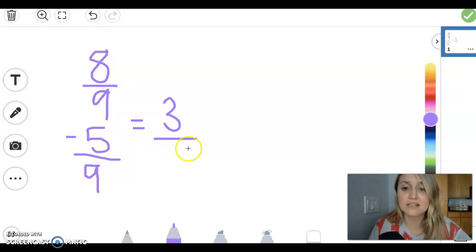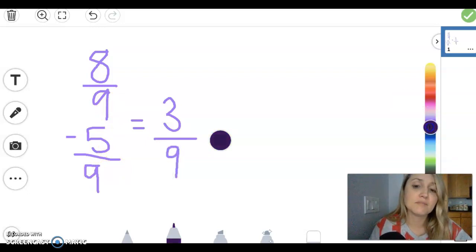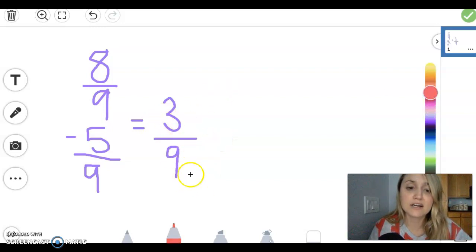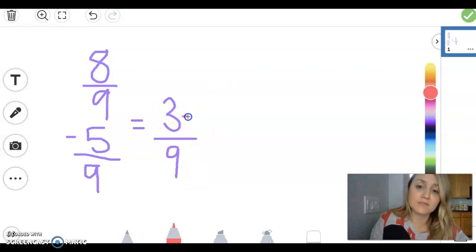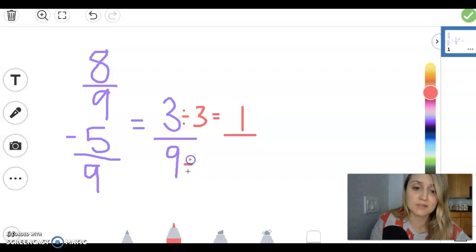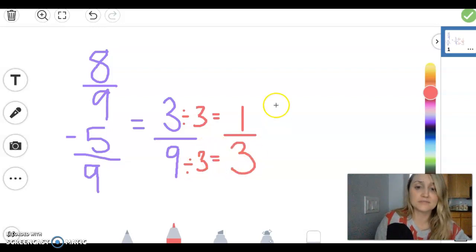Denominator, it's 9, so it stays the same. And here, because we have a number that's in common with both the top and the bottom, which would be 3, you're going to want to put it in simplest form. So remember this from last chapter, whatever you do on the top, you must do on the bottom. Okay? So your answer here would be 1/3.